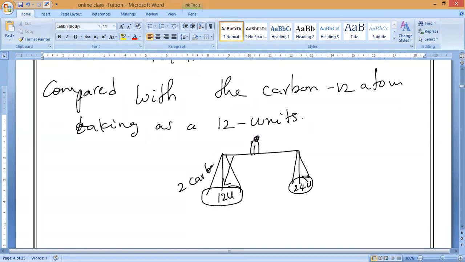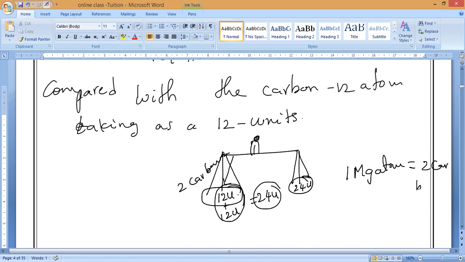Each carbon 12 atom is 12 units. Plus one more carbon atom, 12 units. So 12 plus 12 equals 24 units. So one magnesium atom equals how many carbon atoms? 2 carbon 12 atoms. Do you understand, guys, what I am saying?